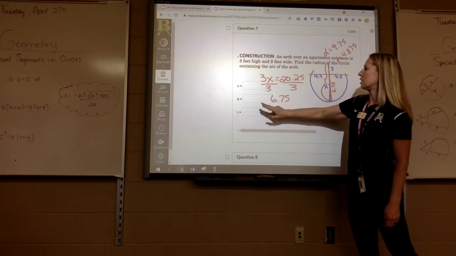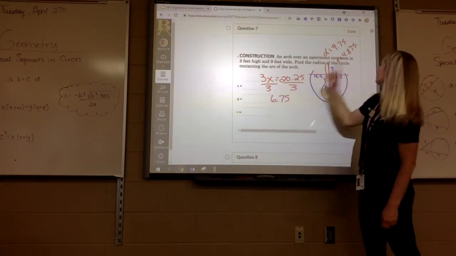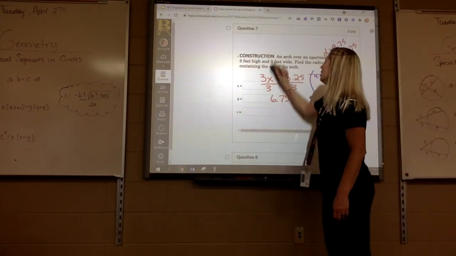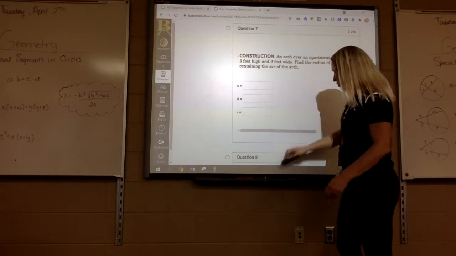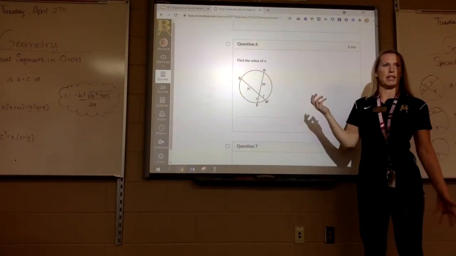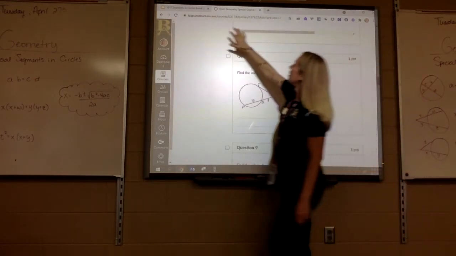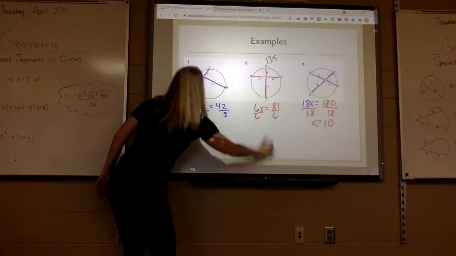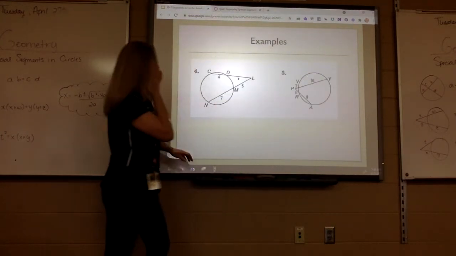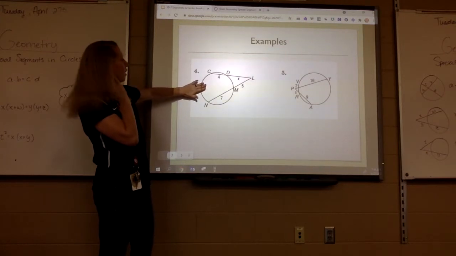So x would be 6.75, diameter 9.75, radius 4.875. Okay, so those, 1 through 7, not so bad. You understand how to just multiply each piece? Okay, let's get to the harder stuff. Let's see which examples I have up here. What number is this one? Can you find this one?